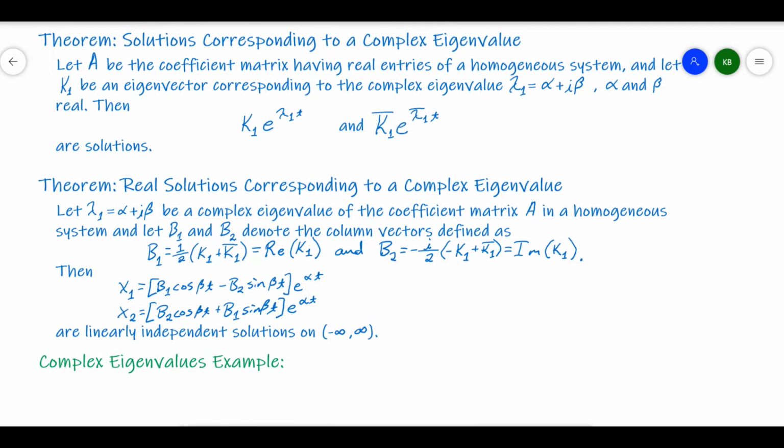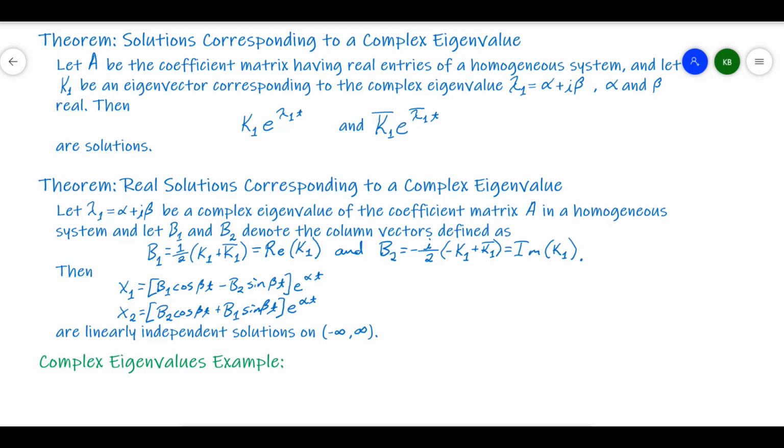Now, since finding eigenvalues involves solving a polynomial, there's always a chance that we're going to end up with complex values for our eigenvalues. So when we have solutions that correspond to complex eigenvalues, we have a theorem to help us out with this. A is going to be a coefficient matrix having real entries, and it comes from a homogeneous system. We're going to let K1 be an eigenvector corresponding to the complex eigenvalue lambda 1 equals alpha plus i beta, where alpha and beta are real.